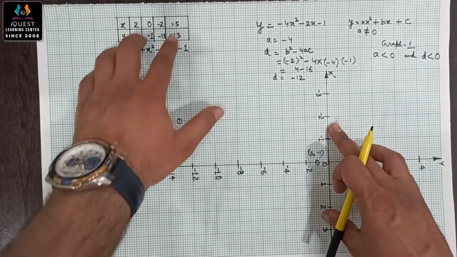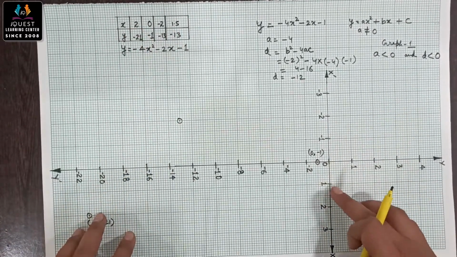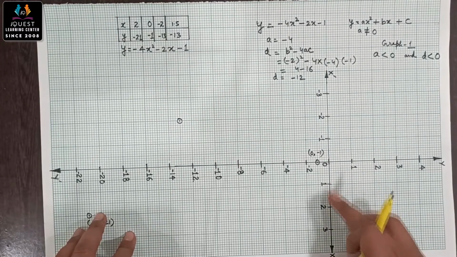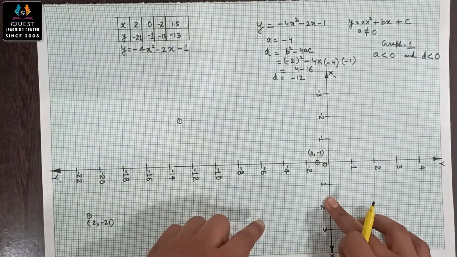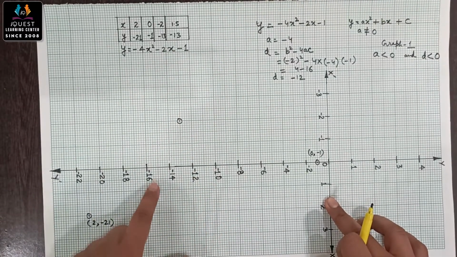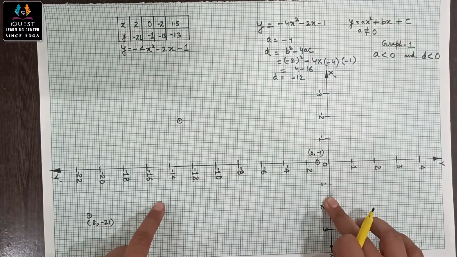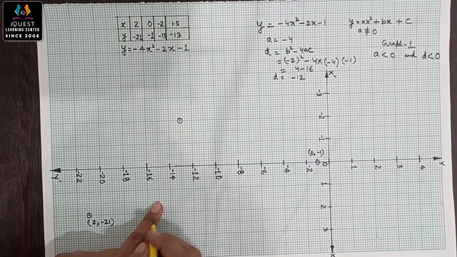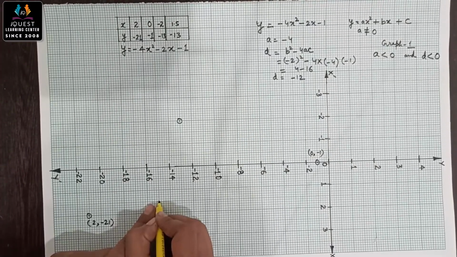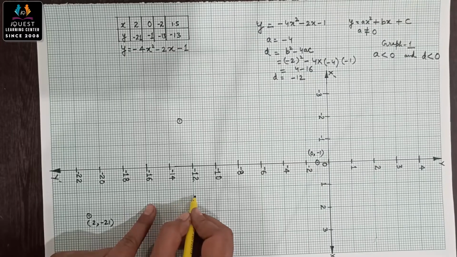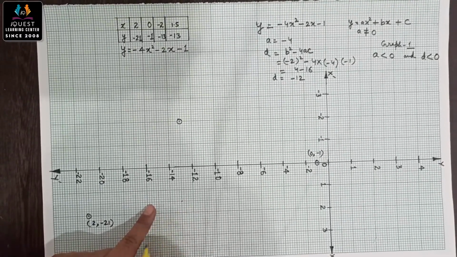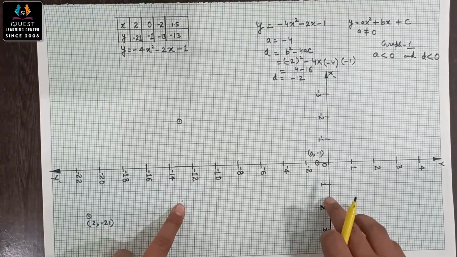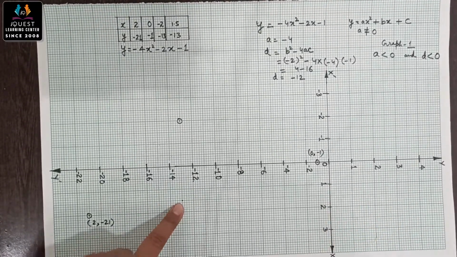And the last value, x is equal to 1.5. It's in between 1 and 2, that is 1.5. And y is equal to minus 13. So y is equal to minus 13 is here. That's in between 12 and 14, and 1.5 is in between 1 and 2.